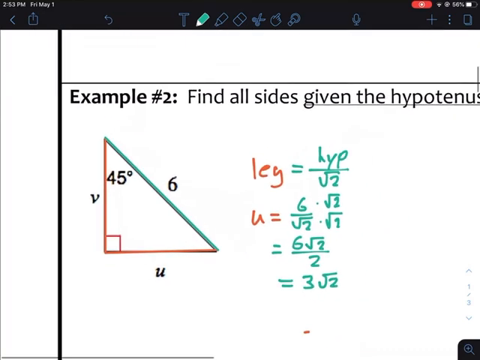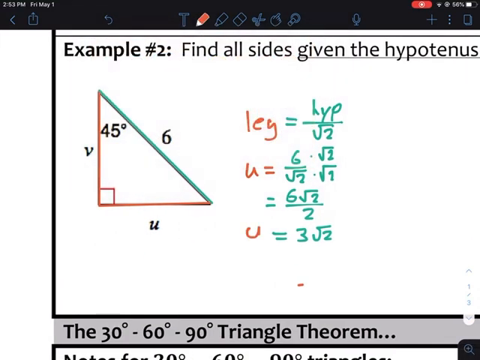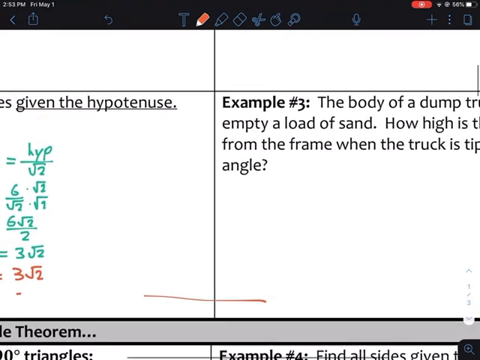So that's our simplified answer. Once we know that u equals 3 square root 2, we also know that v, because the legs are equal, will also equal 3 square root 2. So those are both 3 square root 2. Moving on to number 3.